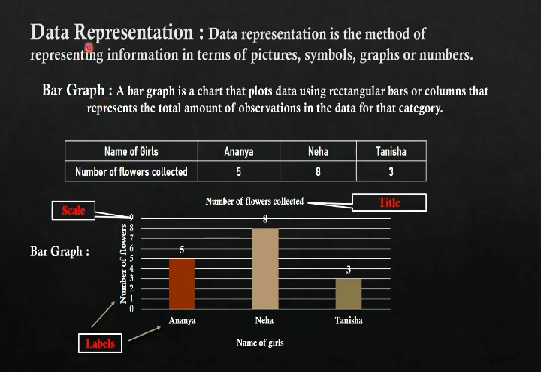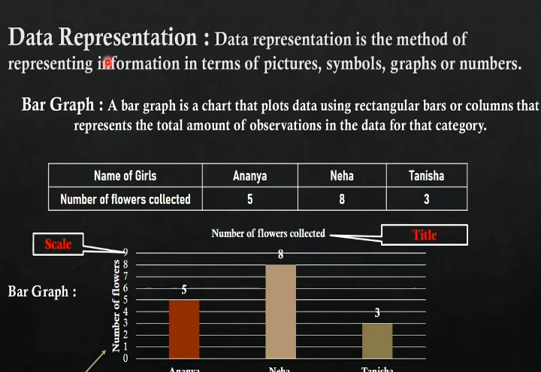So first, data representation. Data representation is the method of representing information in terms of pictures, symbols, graphs, or numbers.